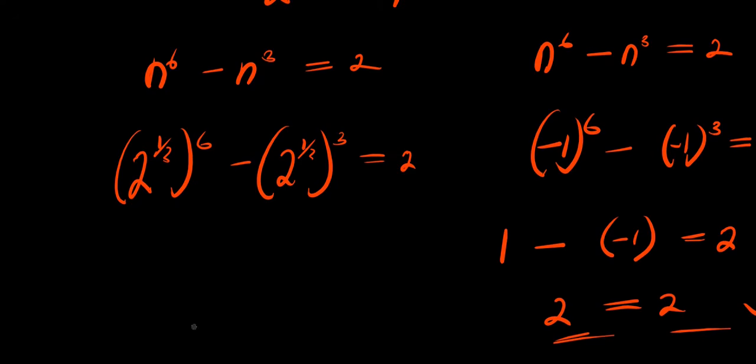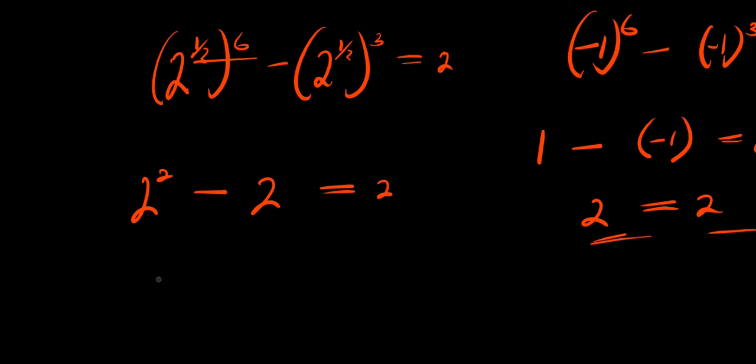Multiplying the exponents, this will give you 2 power 6 times 1 over 3, that is 2 power 2, because 6 times 1 is 6, 6 divided by 3 is 2, minus 2 power 3 times 1 over 3, 3 divided by 3 is 1, equals 2. So 2 power 2 in here is 4. You have 4 minus 2 equals 2, and 4 minus 2 is 2, which equals 2.